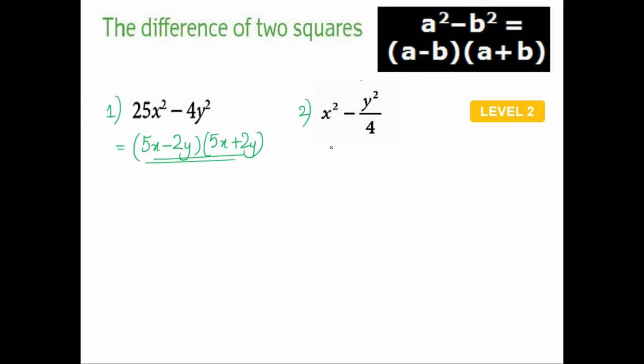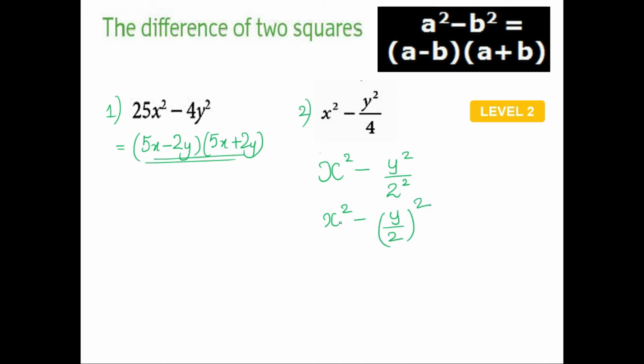Now in the second question, you have x squared minus y squared divided by 4. So again, there is a problem. I cannot apply the identity because I have a division with 4 here. So I'll write x squared minus y squared over 2 squared, because 4 is a perfect square and 2 squared gives you 4, which can also be written as y over 2 the whole square.